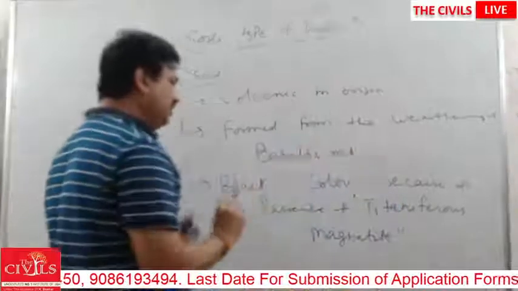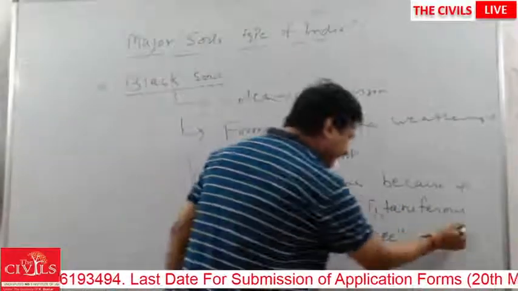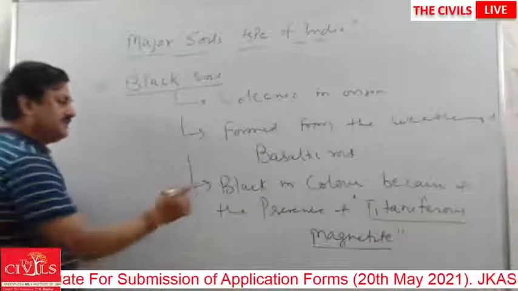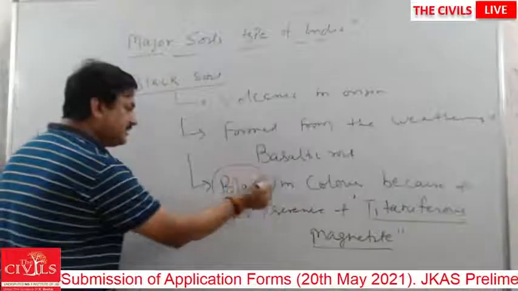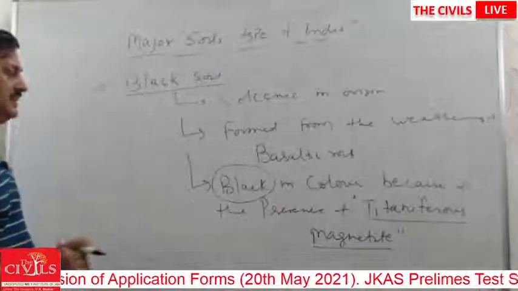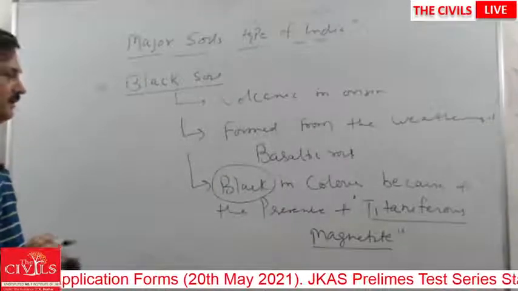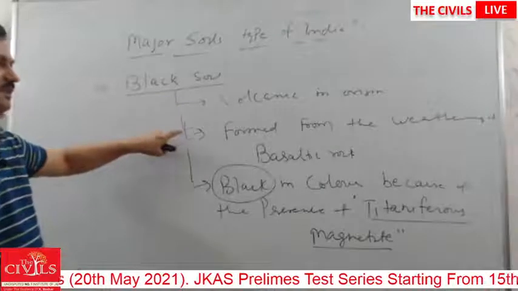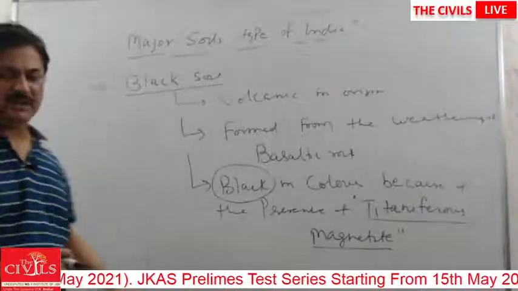A small proportion of titaniferous magnetite is present in the soil, and because of this the color of this soil is black. Black soil is volcanic in origin, formed from the weathering of basaltic rock.